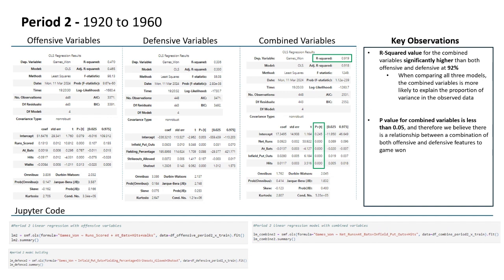We can say that the combined model is a better fit than the other two models at explaining the variance in the data. P-values also are less than 0.05, and there is an association with games won with combined offensive and defensive features. All features are positively associated with games won, with the exception of at-bats in this model.